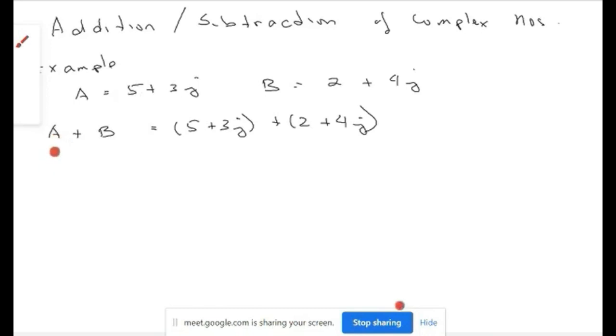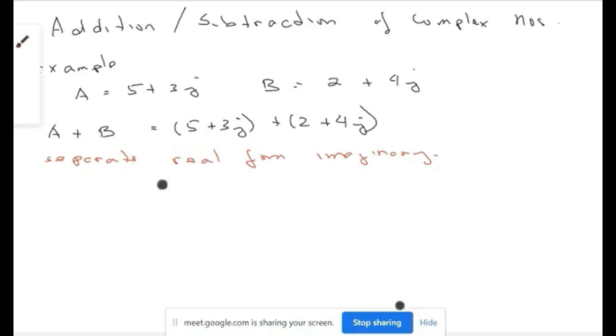So if you are going to add or subtract, you need to separate real from imaginary.